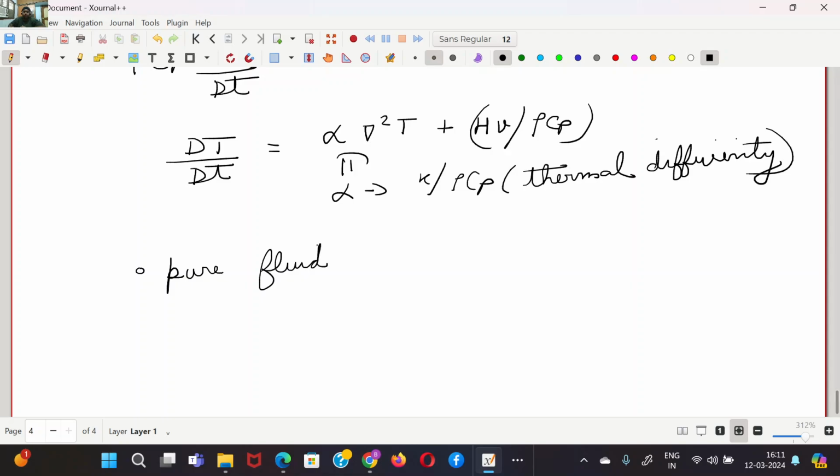Pure fluid, constant or uniform properties, negligible viscous dissipation, pressure variation.